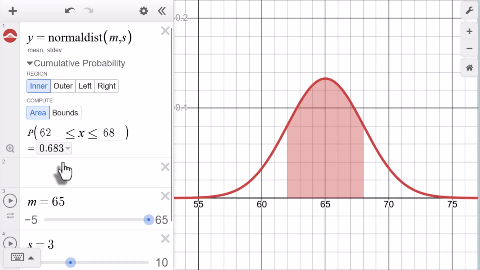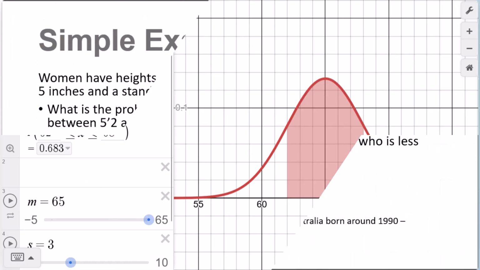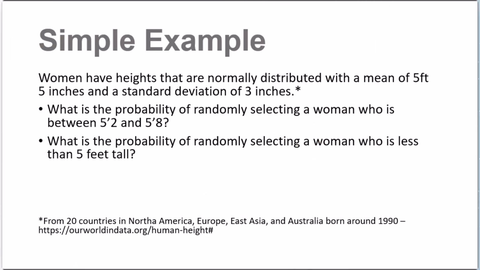So this means that the probability of finding a woman between 5'2" and 5'8" would be 68.3%, or a probability of 0.683.